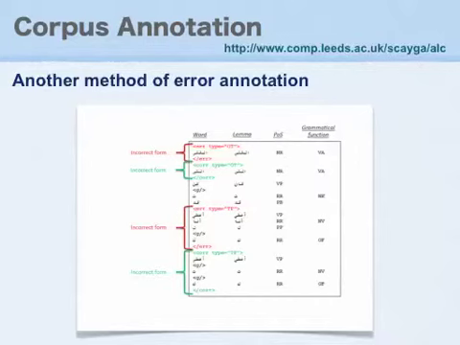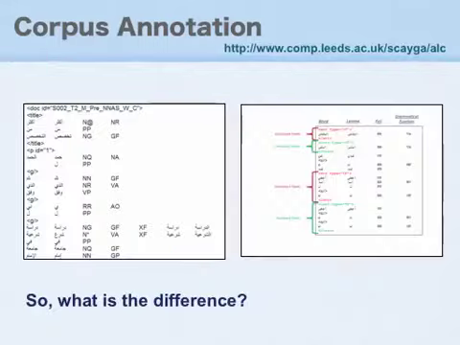Another method of error tagging which is supported by Sketch Engine is this. We can see here the difference between this and the previous one is the way of error annotation. The error here is surrounded by XML tags specifying the beginning and the end of the error form.